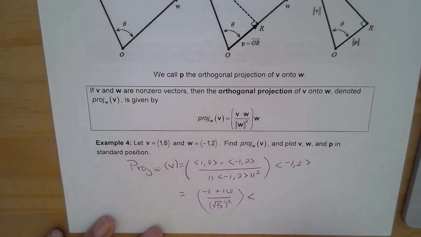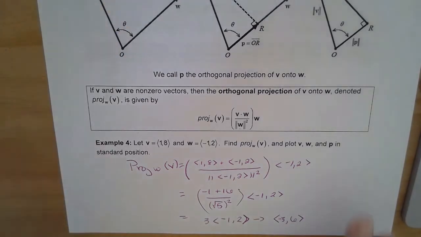So this comes out to be a number, and we're going to multiply it by the vector negative 1, 2. Okay, so we end up getting another vector. So we have 3 times negative 1, 2, which of course by scalar multiplication, we get the vector negative 3, 6.